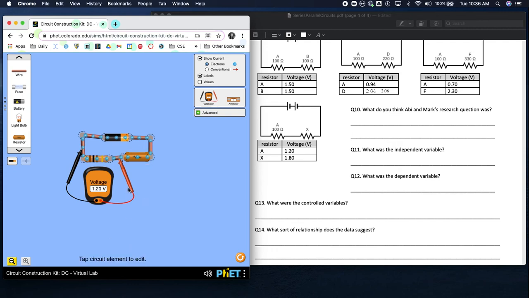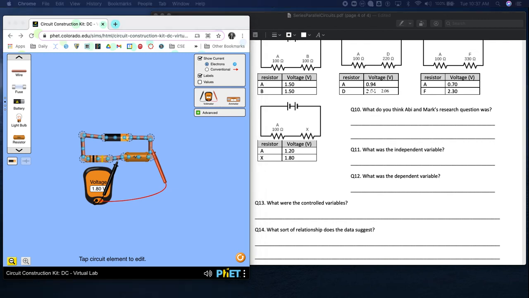Okay, so we're testing resistor A, and that's 1.20 volts. Good. Testing resistor X, and it's 1.8 volts. Okay, so we know 100% that resistor X is 150 ohms.